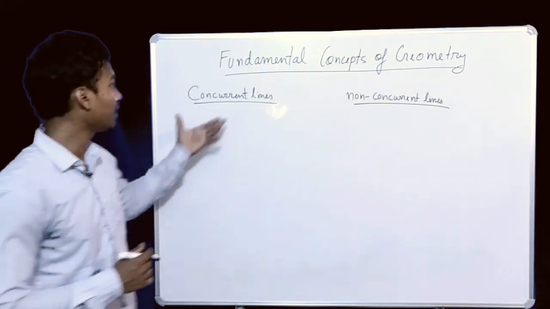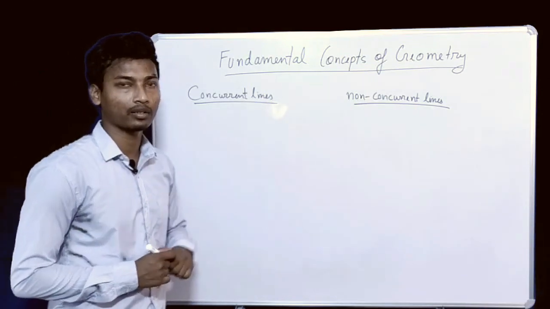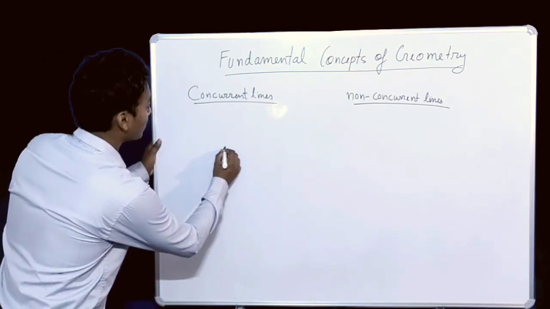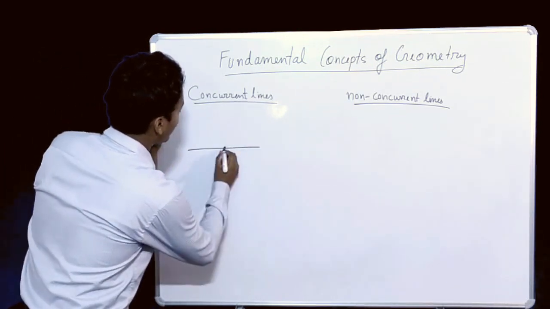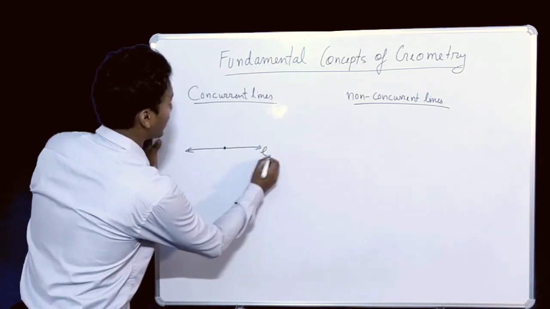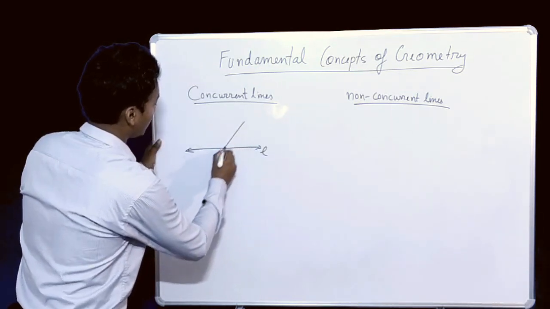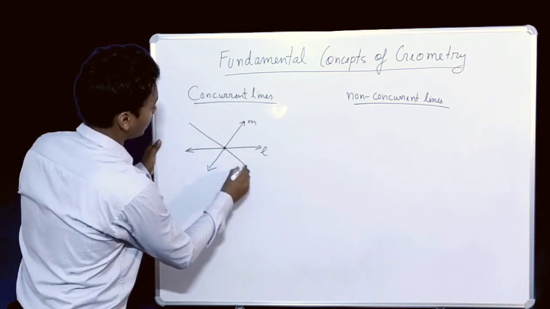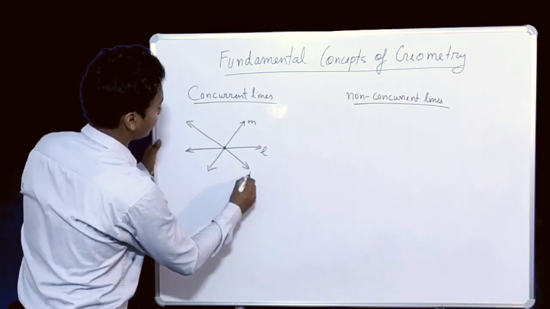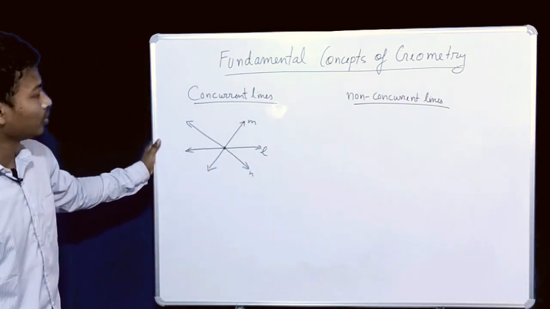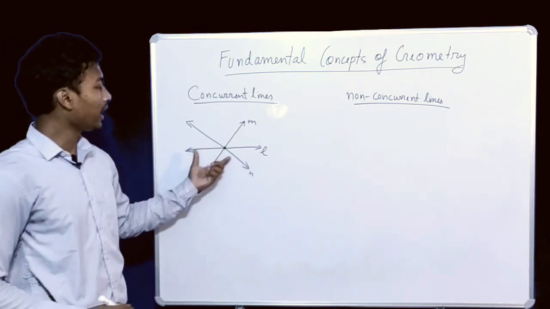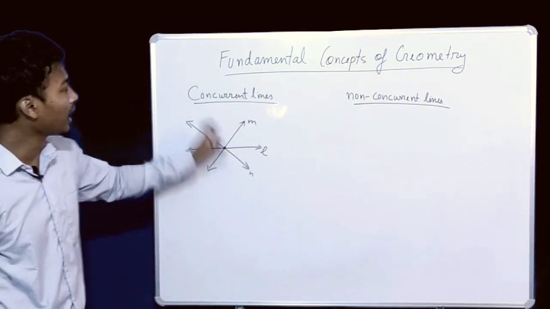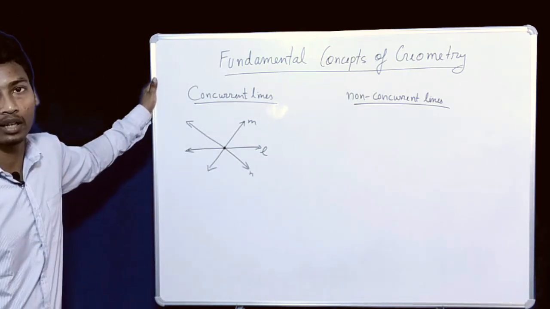Next, let's understand concurrent and non-concurrent lines. What do we mean by concurrent lines? If I take a point here, and a line L, then another line M, and another line N. When 3 lines intersect at a point, these 3 lines are said to be concurrent lines.